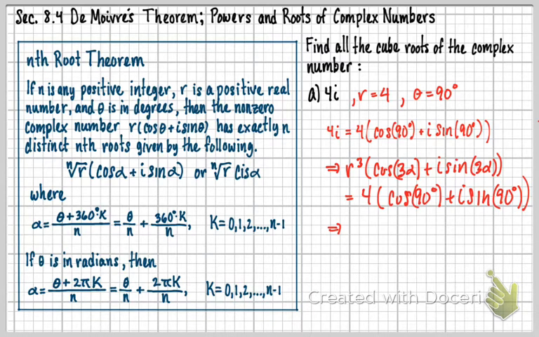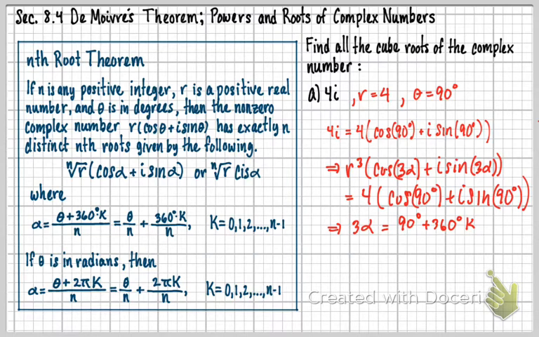So then that implies 3 alpha equals 90 degrees plus 360k, because I want to think of all the possibilities here, all the angles that are 90 degrees.